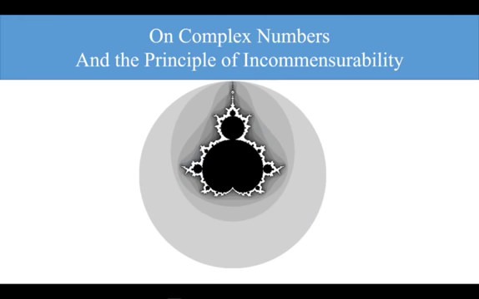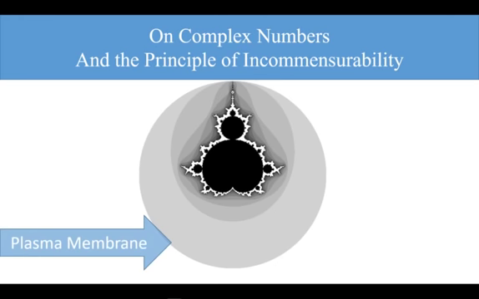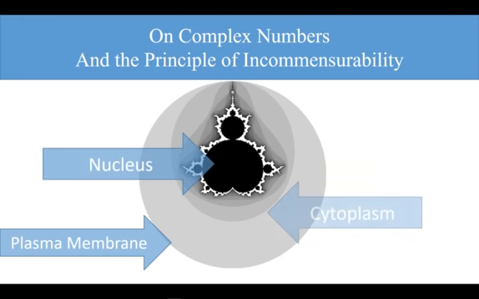In the case of the cell, the outer round boundary or escape boundary is analogous to the plasma membrane. Here, the inner black region is analogous to the nucleus of the cell. The outer gradient region is analogous to the cellular material called cytoplasm. And the event horizon is analogous to, can you guess it?